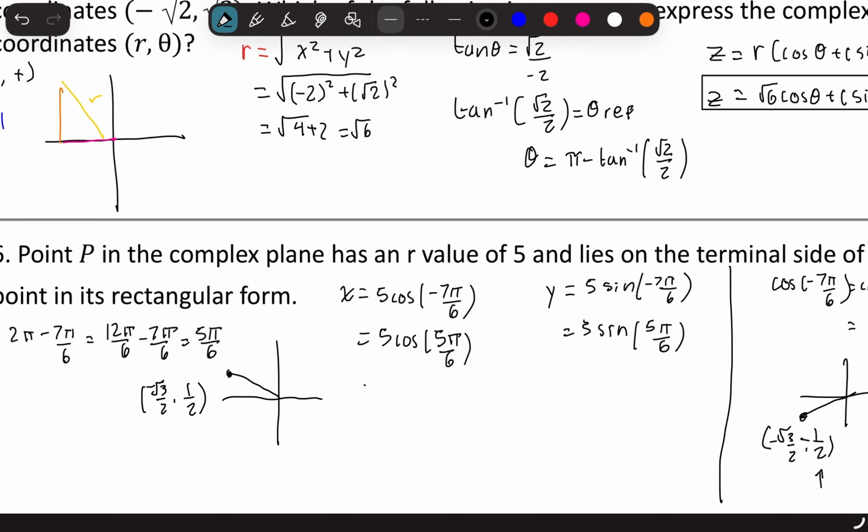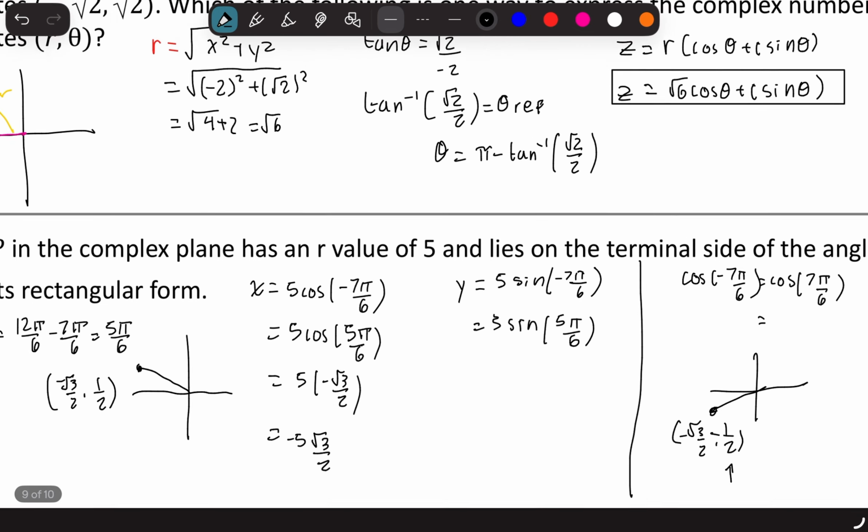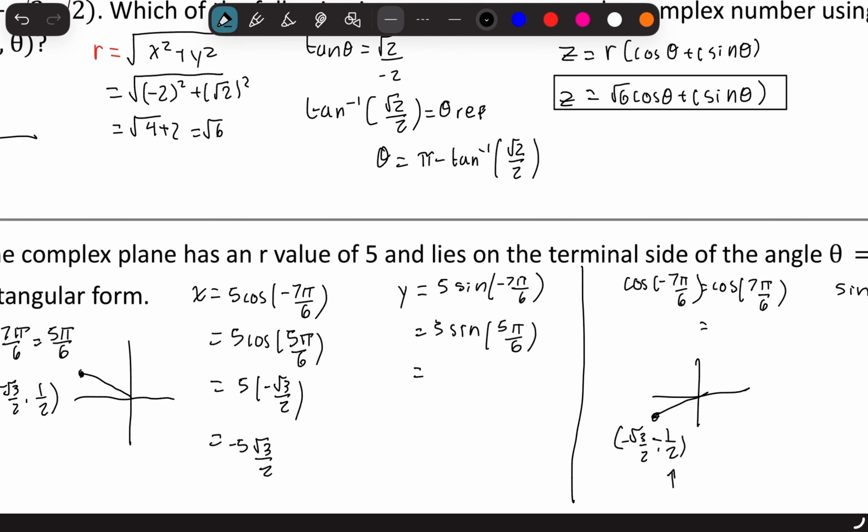So what you have is your x is going to be negative, and here you have 1/2. So you have negative 5 root 3 over 2 plus 5 over 2 pi.